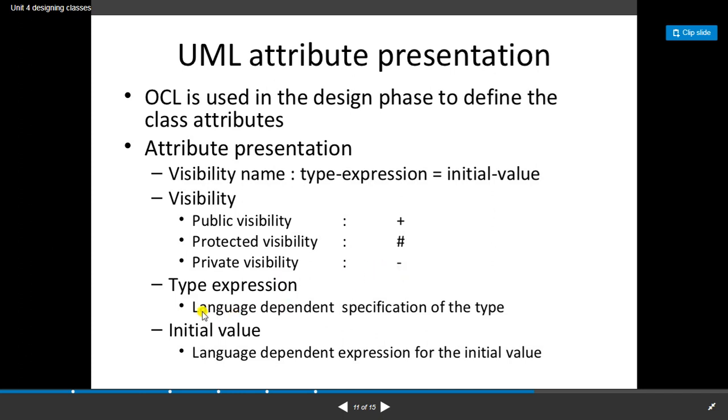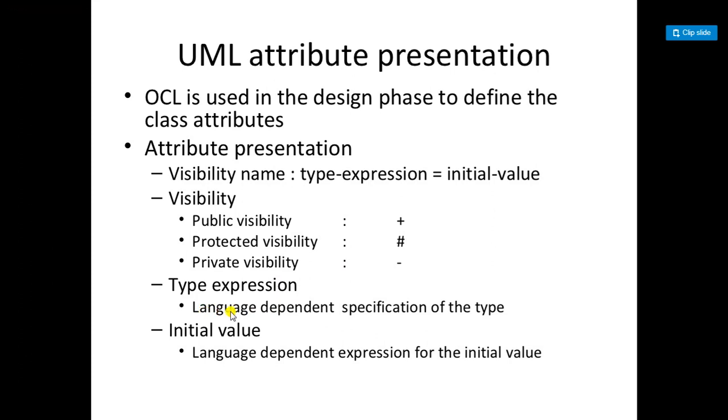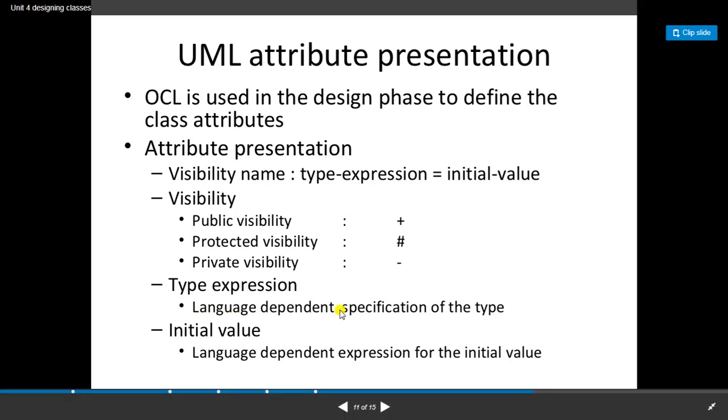Type expression is the language dependent specification of the type, meaning which data type you are using in the class, like integer, float, character or string. That we call a type expression.